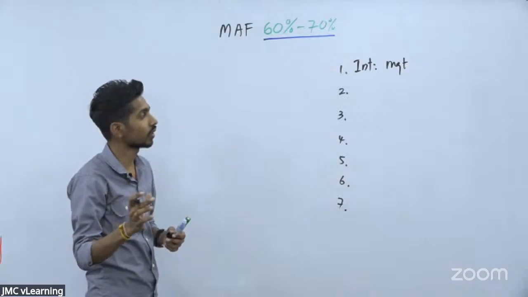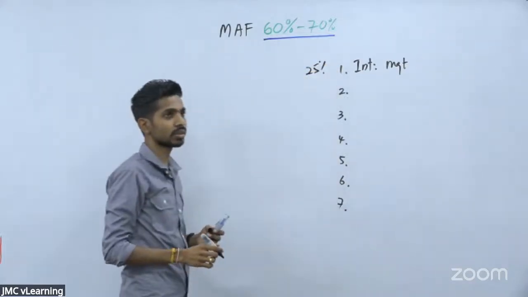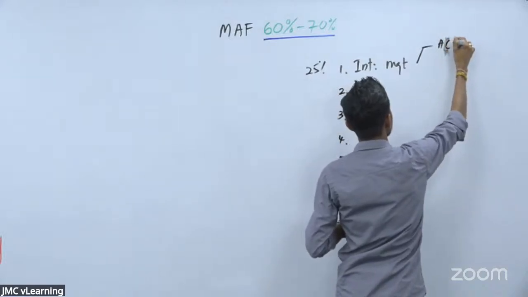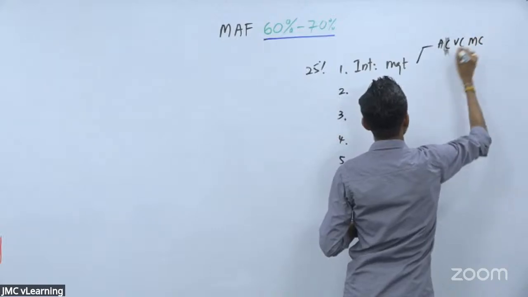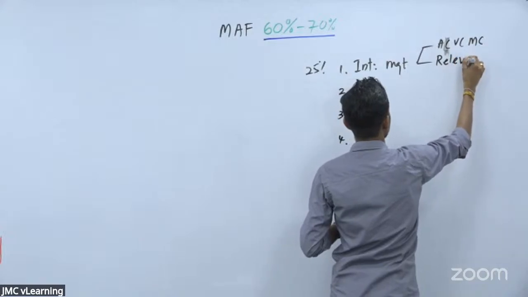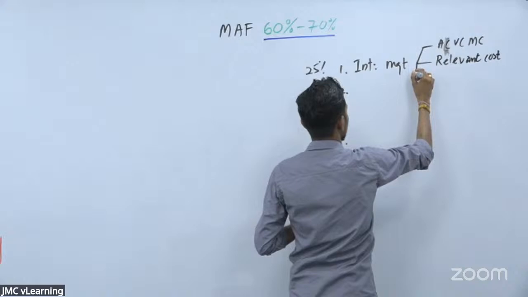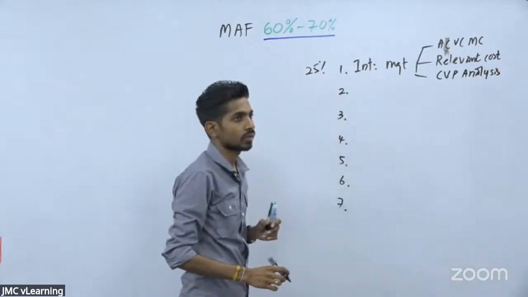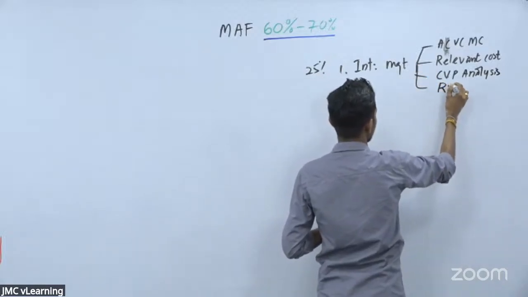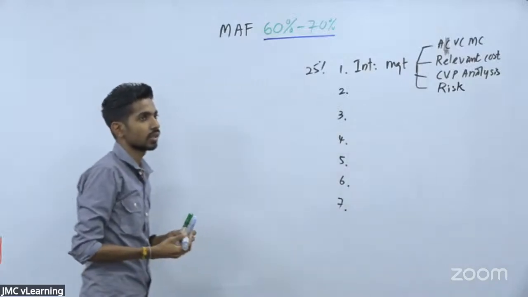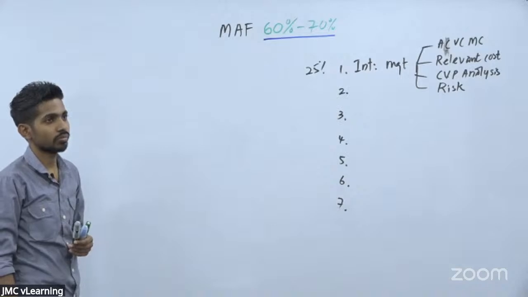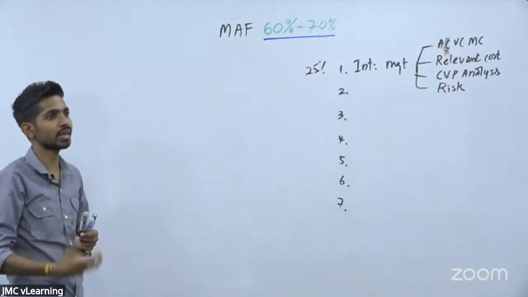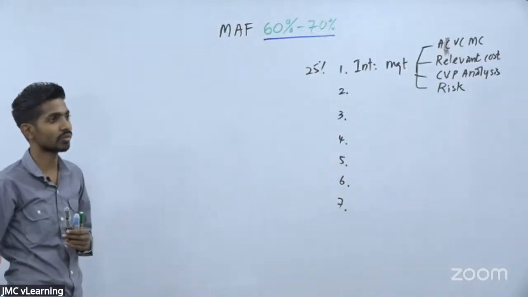That is a very lengthy area, 25% of this syllabus, including absorption costing versus marginal costing, relevant costing, CVP analysis, and finally risk and uncertainty. You have to be careful with these areas during the exam because 25% means one quarter of the exam. The risk sub-topic is also available in that topic.